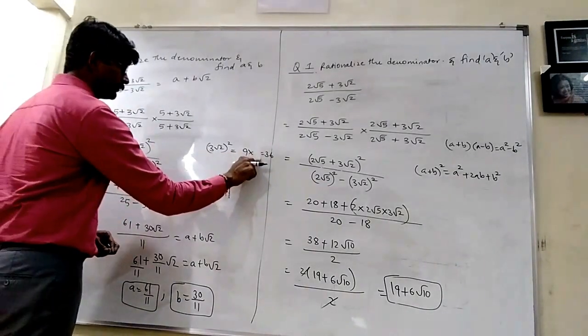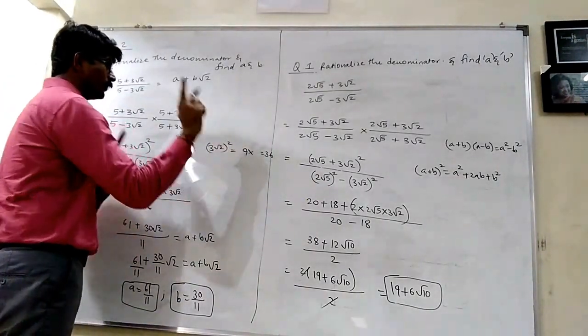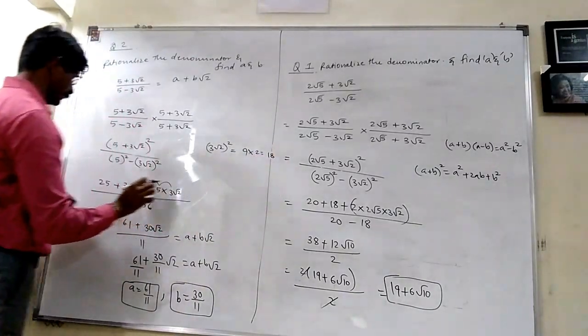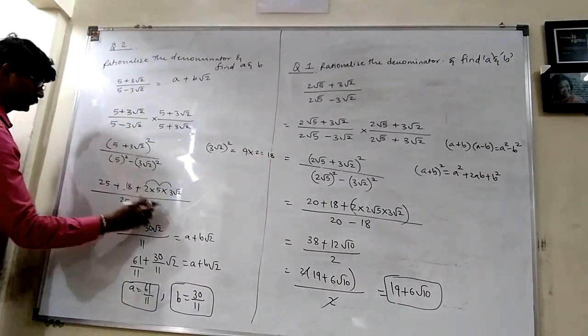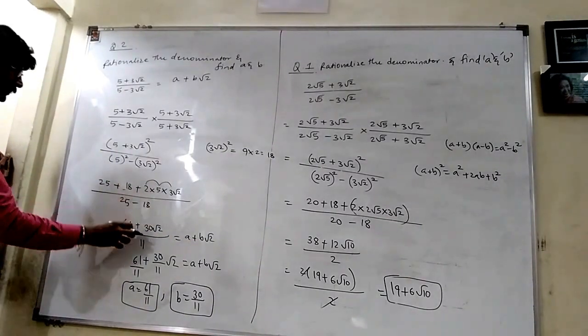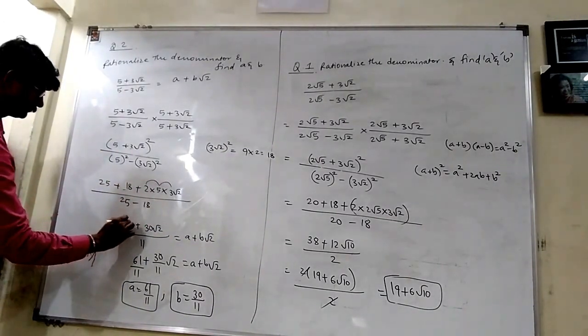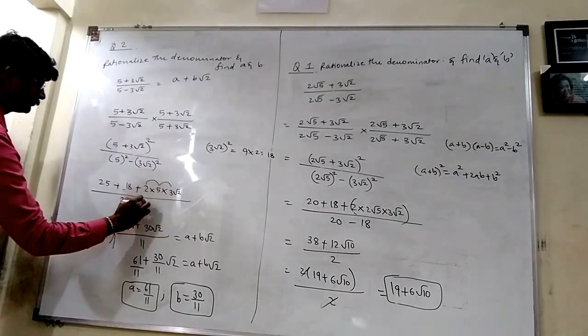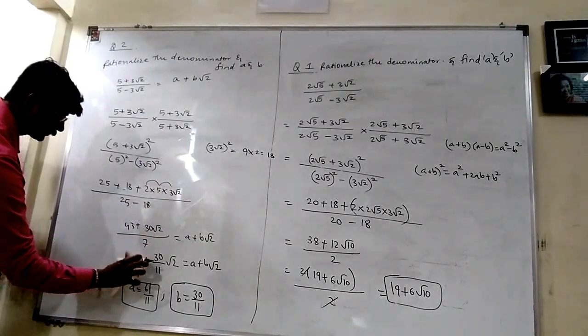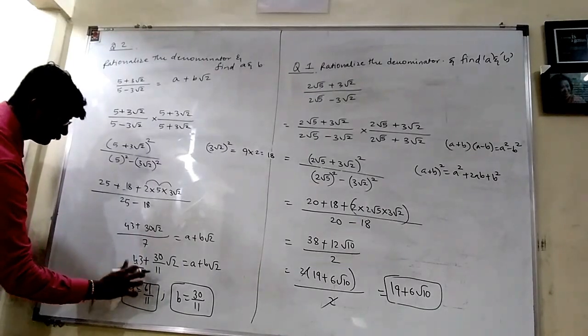Sorry. So root 2 square will be 2. So 9 times that will become 18. So this will be 25 plus 18, 43, and the denominator will become 7, so this will become 43 by 7.